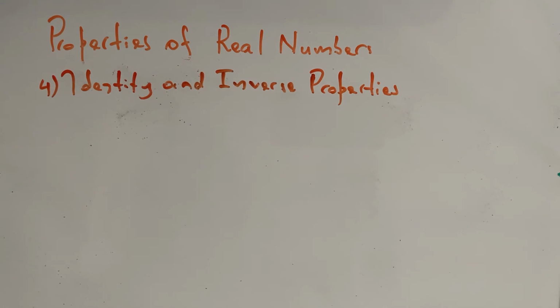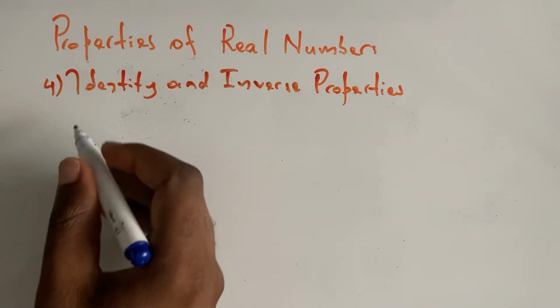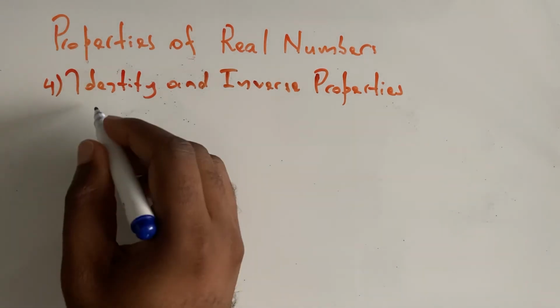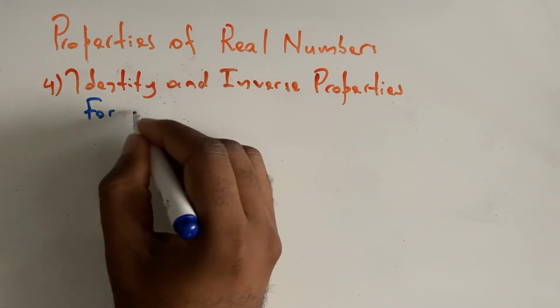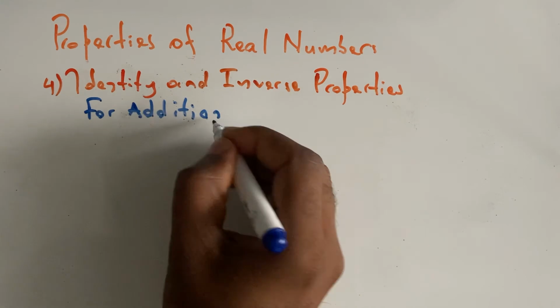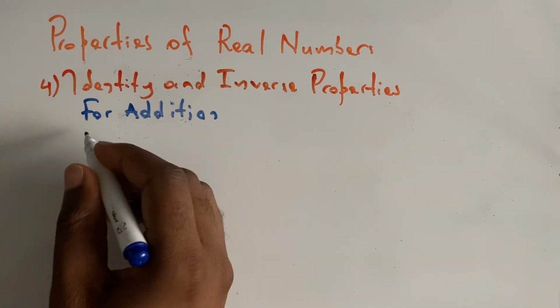Let me show you. For the identity, for example for addition, one number is the identity element for addition, and that number is 0.